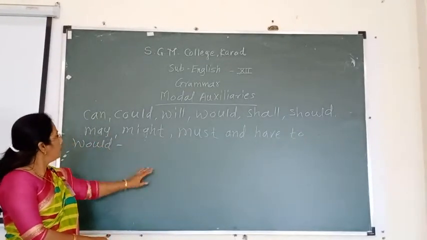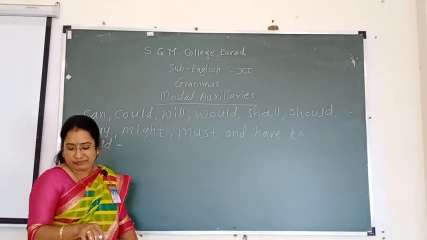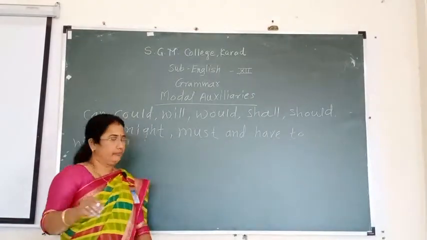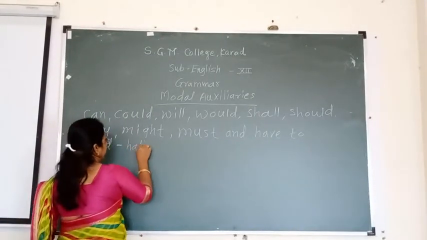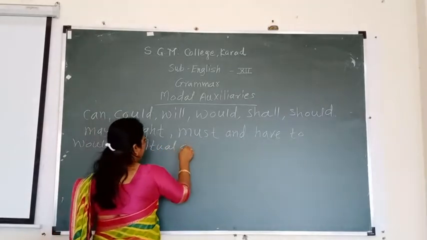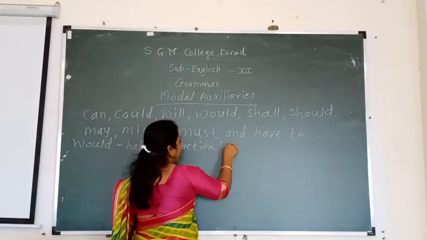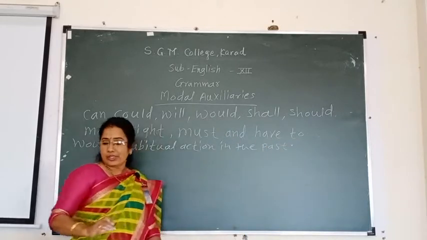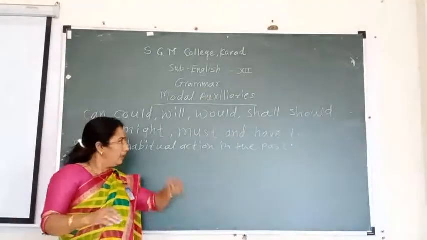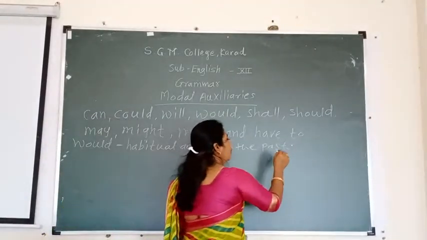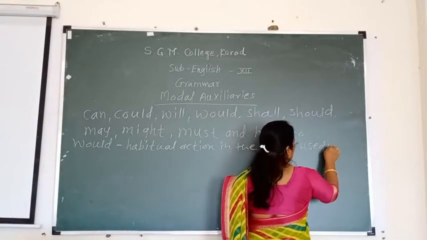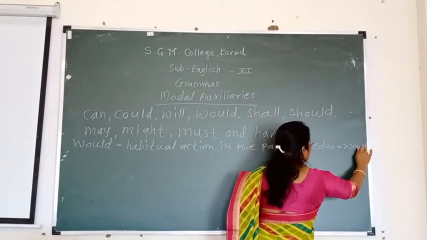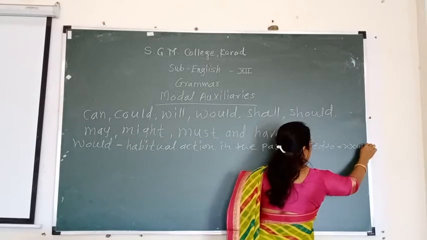It is also used to express the habitual action in the past, and it is replaced by used to. Means would is equal to used to, and used to is equal to would.